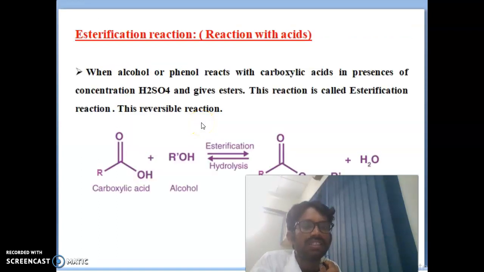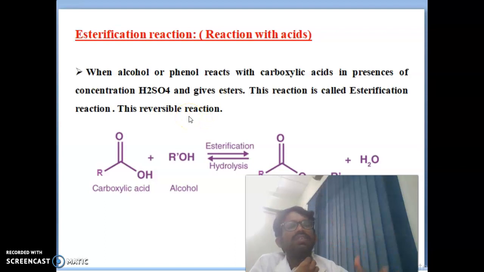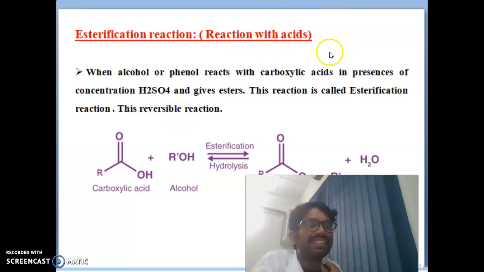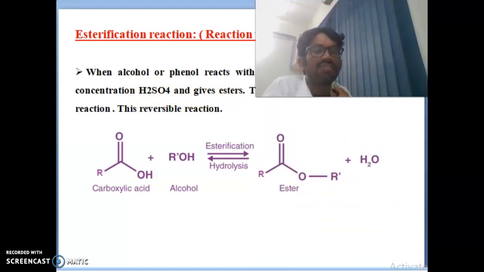Now, what is the esterification reaction? Simply keep in mind: esterification means reaction with acids. When an alcohol or phenol reacts with a carboxylic acid in the presence of concentrated H2SO4 and gives an ester, these reactions are called esterification reactions, which are reversible.